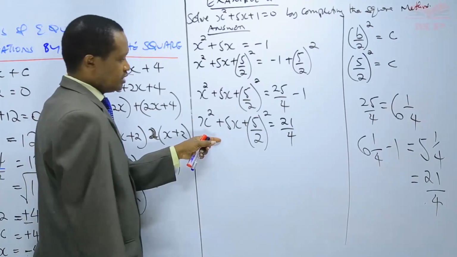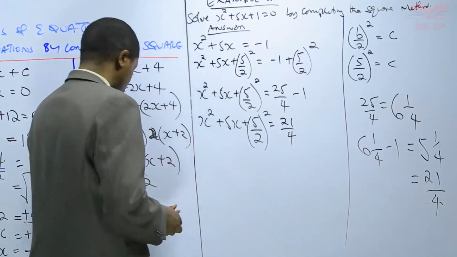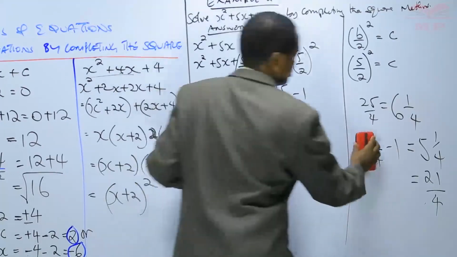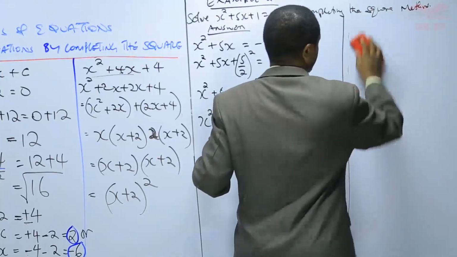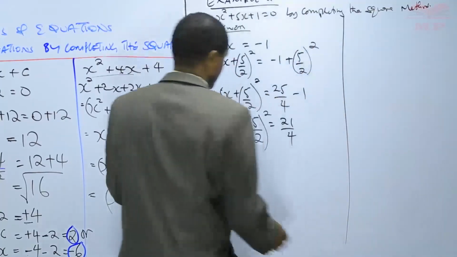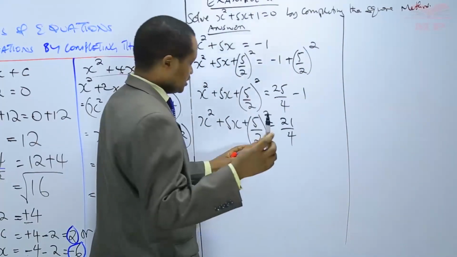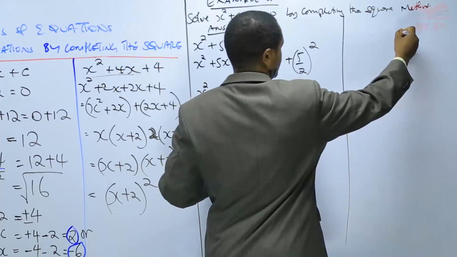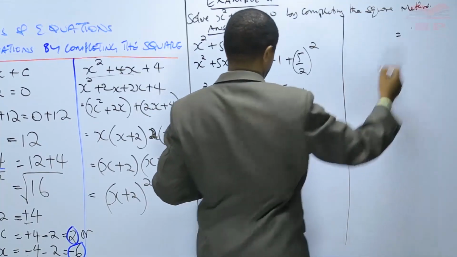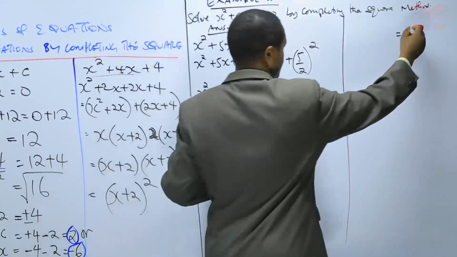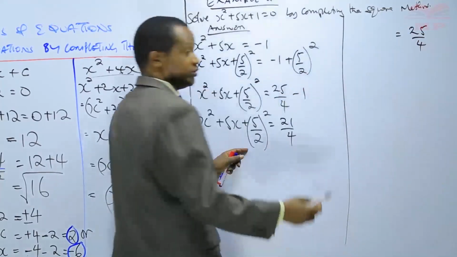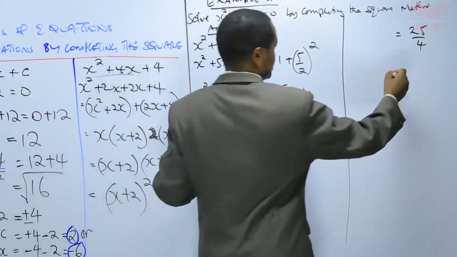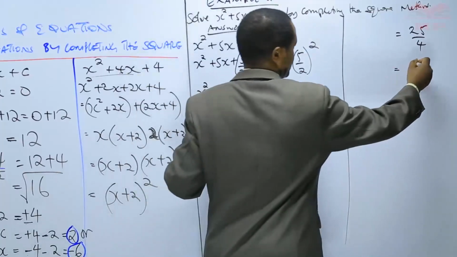Now the expression on the left hand side can be factorized. We have completed the square, so we can now factorize. We look for two integers so that when you multiply them, it gives you 5 over 2 squared, which is the same as 25 over 4, and when you add them, the sum should be 5.